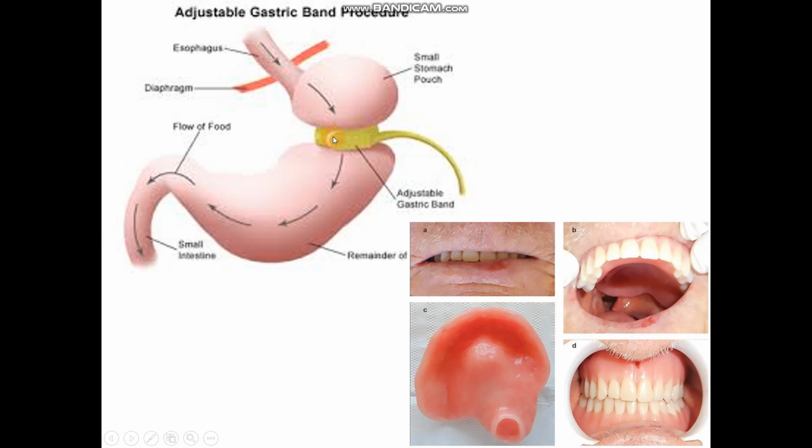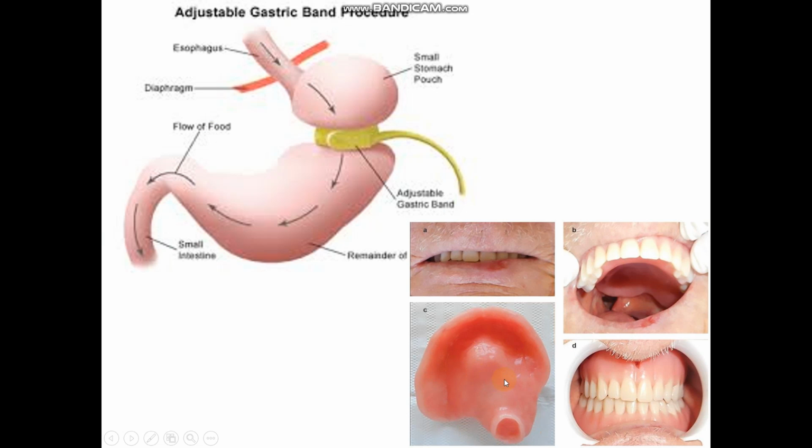Here what is happening is it will tighten the upper part of the stomach, so the person is only able to take a small amount of food. Even after taking a small amount of food, they feel fullness. So in that case, to reduce the obesity, we can use this.